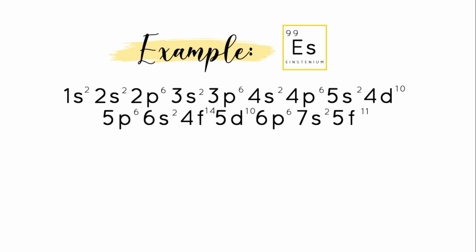For its orbital diagram, again, to save time, we're just going to draw the orbital diagram for our valence shell, or the last part of our electron configuration, which is this 5f11. Since we're dealing with the f subshell, we need to draw 7 boxes: 1, 2, 3, 4, 5, 6, 7.